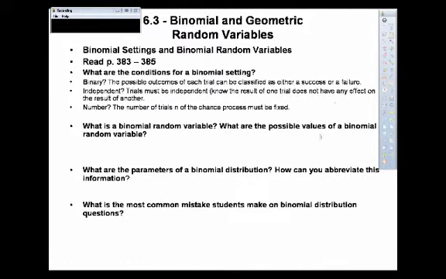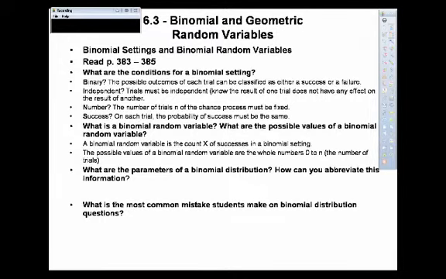All right? So what is a binomial random variable? What are the possible values of a binomial random variable? Well, a binomial random variable is the count x of successes in the binomial setting. And the possible values of a binomial random variable are the whole numbers 0 to n, n being the number of trials.